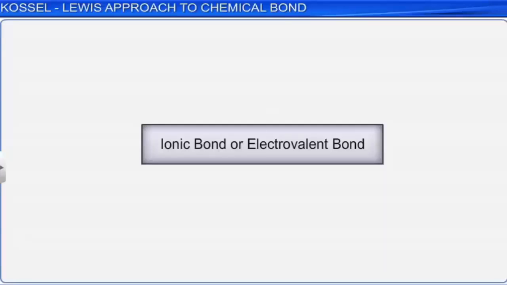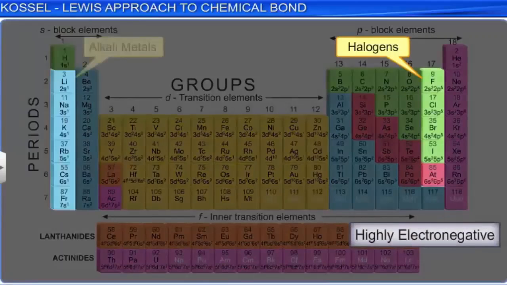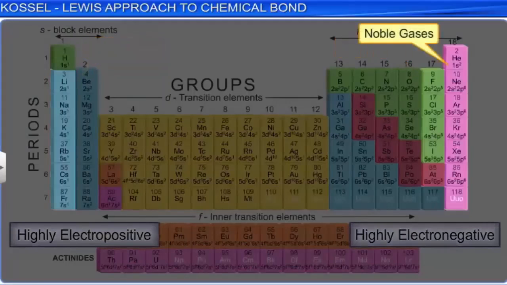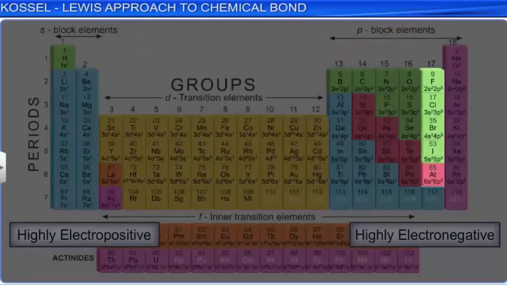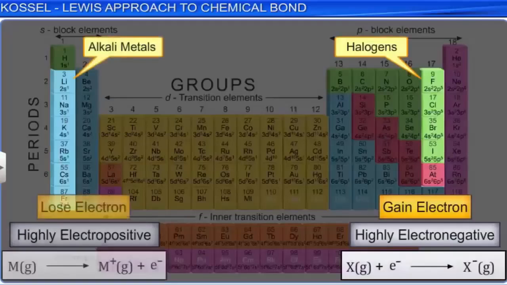Now, let us look at the formation of ionic bond or electrovalent bond, which was explained by Kossel by considering the following facts. Halogens, which are highly electronegative, and alkali metals, which are highly electropositive, are separated by noble gases in the periodic table. Hence, halogens gain an electron, whereas alkali metals lose an electron to form negative and positive ions respectively.